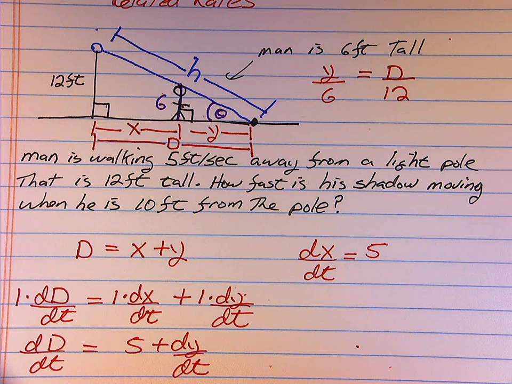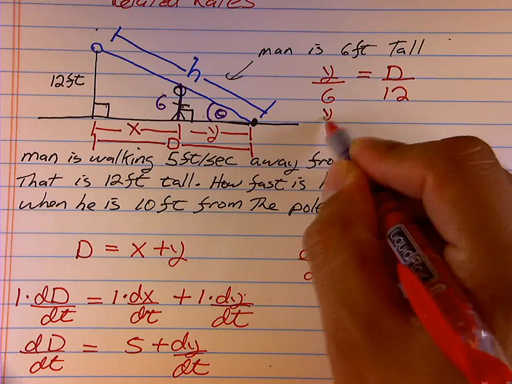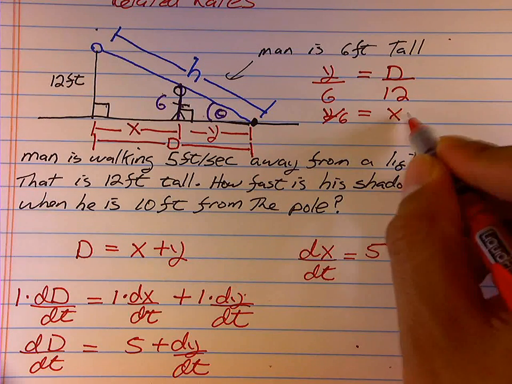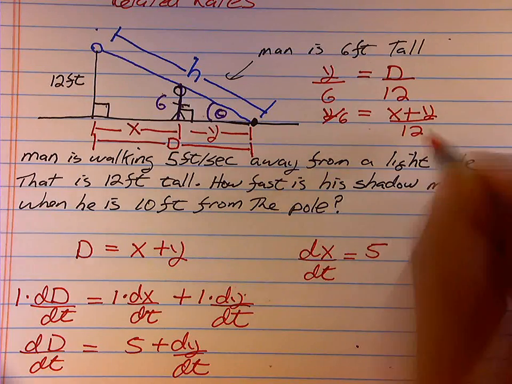Now what I'm going to do is get rid of that d. And I'm going to call this y over 6 equals x plus y over 12.